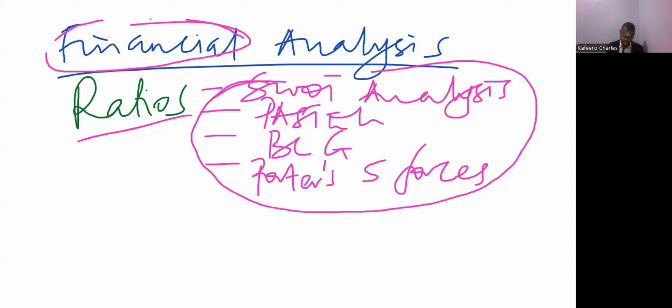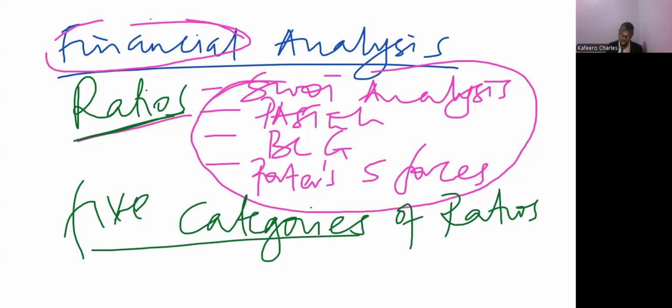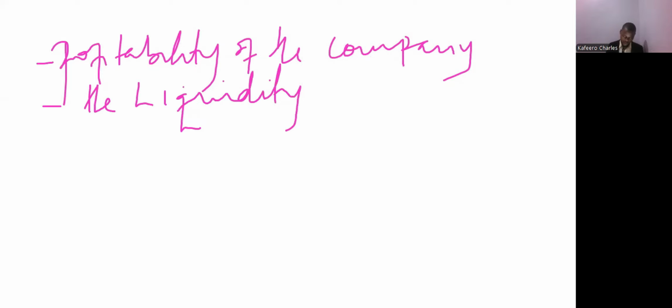But now, when you are dealing with ratios, ratios are divided into 5 categories. We have 5 categories of ratios where we can analyze the profitability of the company, where you can analyze the liquidity, where you can also analyze the gearing of the company.